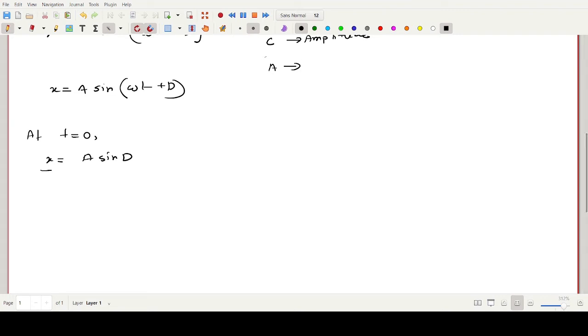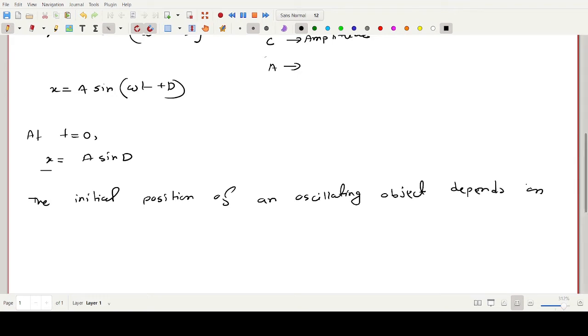This value of x is the initial position of the oscillating object. So the initial position of an oscillating object depends on an angle.